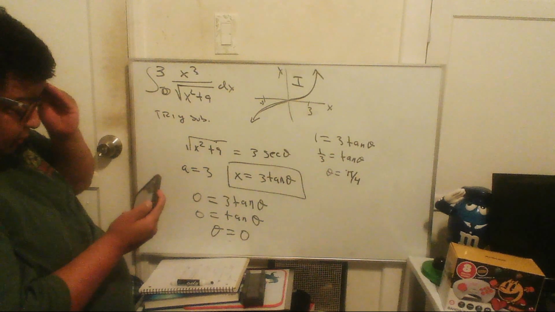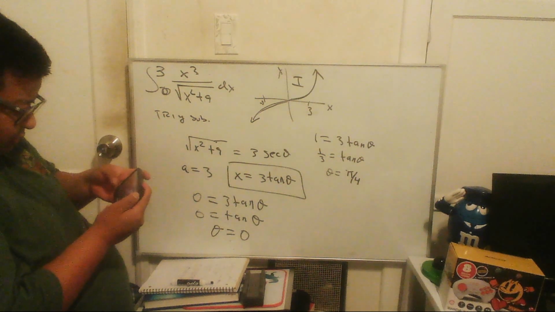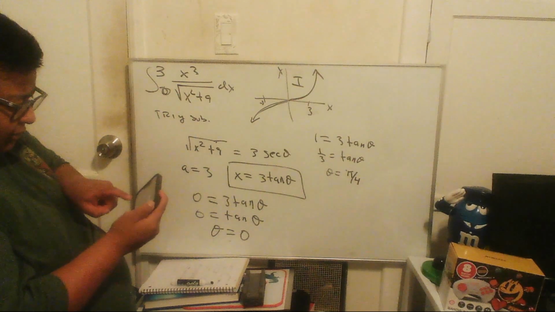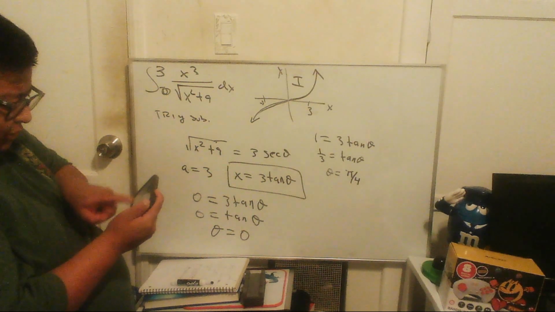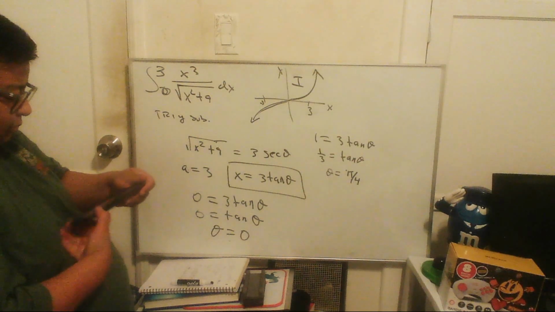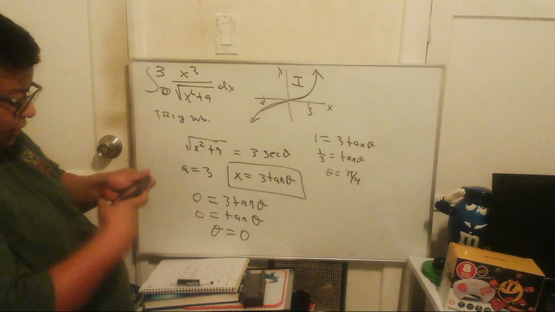I think we need to change it from degrees to radians. So now I put radians and take the tangent, that's 0.3, close to it. 0.25. Okay, let's see one more time.